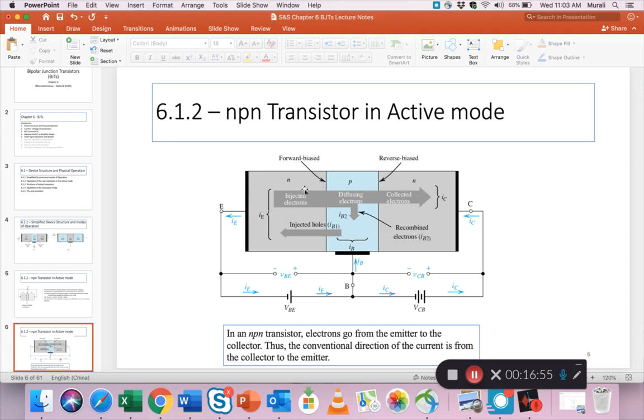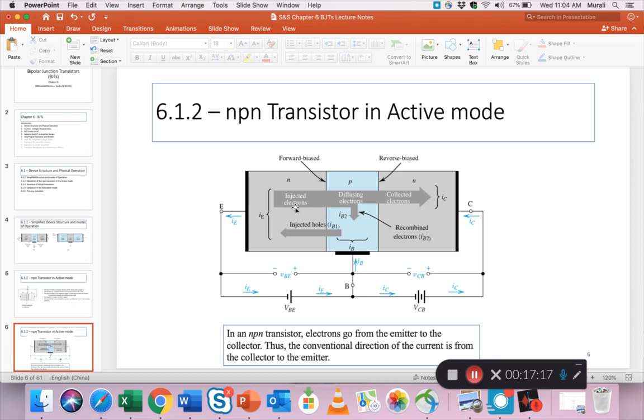There are a lot of electrons in the N region because it's heavily doped, and those electrons go into the base and then travel on to the collector. That's the basic movement of charge inside an NPN.